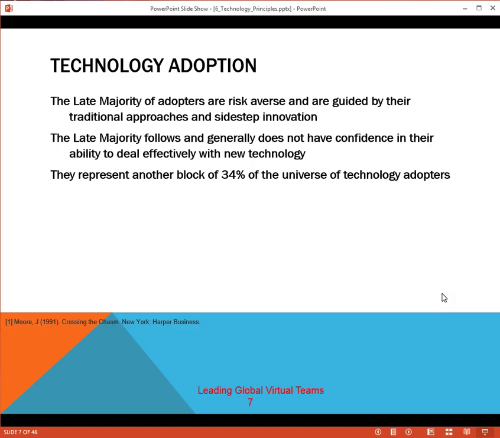They represent the late majority, a block of about 34% of the universe of technology adopters. The late majority are typically skeptical about innovation. They often adopt in response to social pressure or diminishing availability of the old method or product.